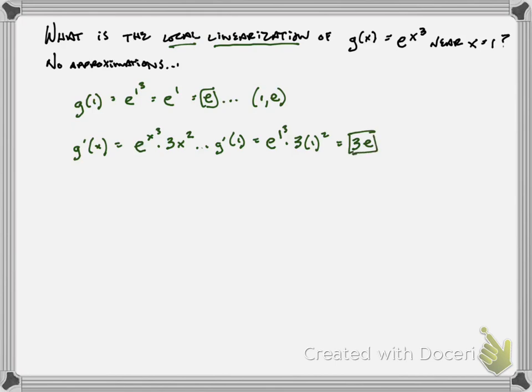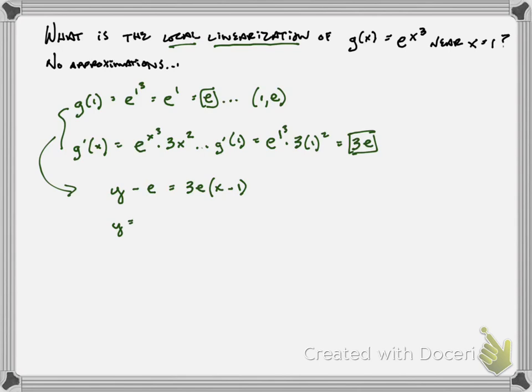So there's our slope. So put it together, and we have our local linearization: y minus y1, so y minus e is equal to m, that's 3e, times the quantity x minus x1, which is 1.